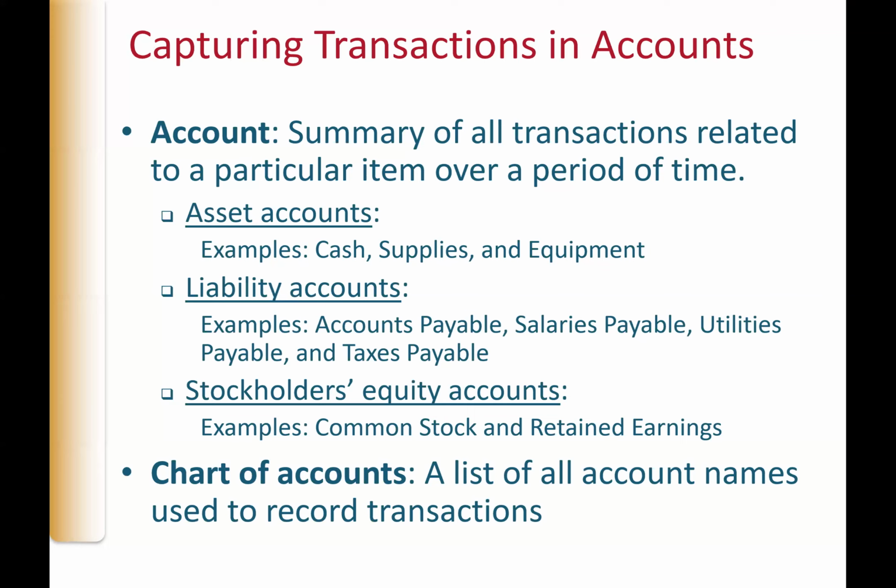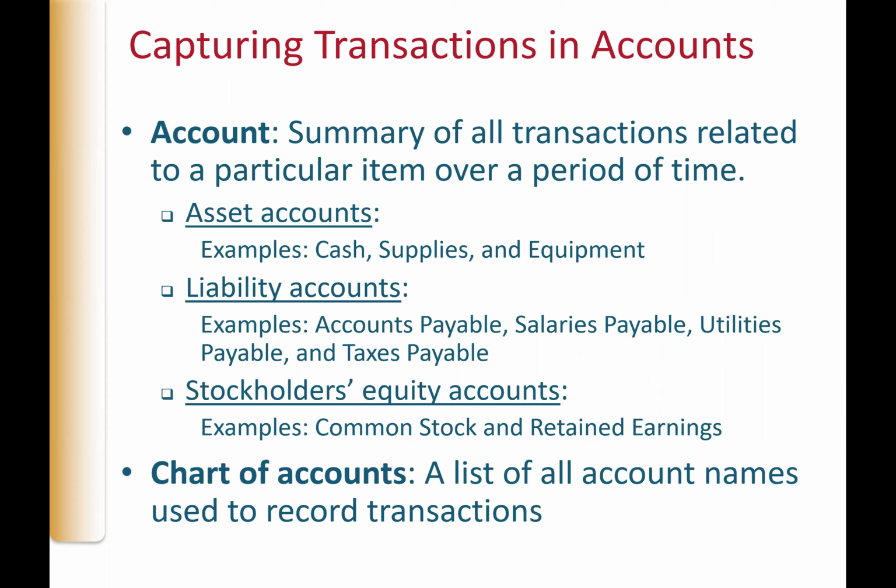Now, the various accounts a company utilizes is called a chart of accounts. Know that this chart of accounts is going to vary depending on what kind of business you're in. So the chart of accounts of Anoka Ramsey Community College is going to be very different from Target, or it's going to be very different from a service industry.